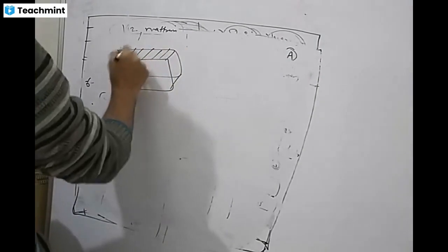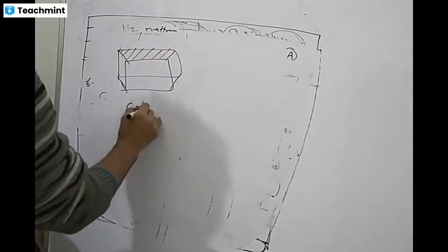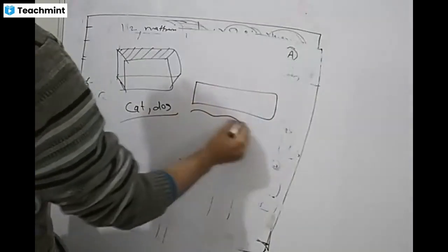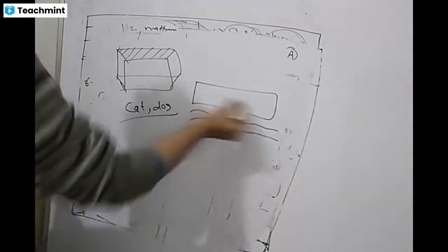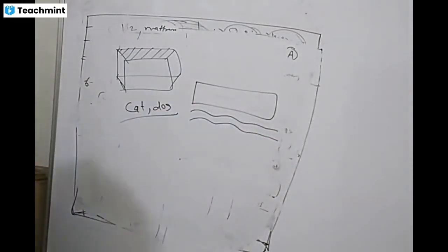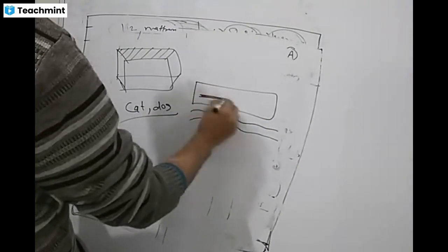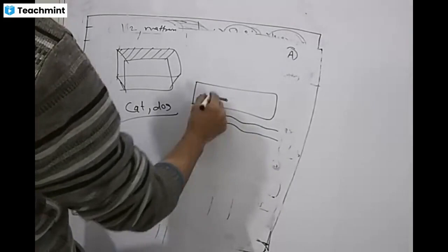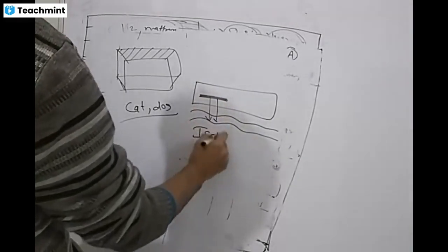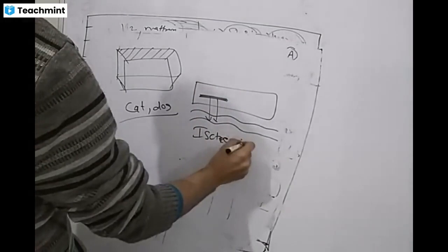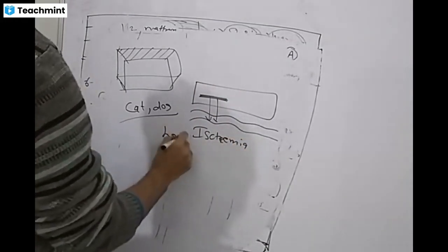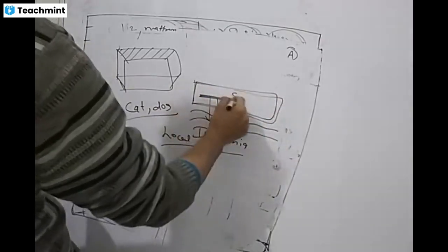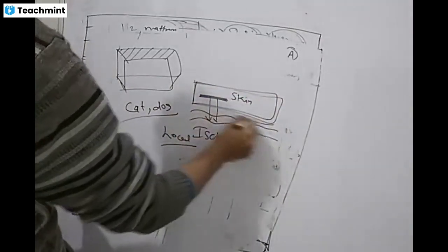In case of canine, cat, dog, the blood vessels run parallel to the skin surface. So if we apply a suture pattern like horizontal, because of the compression, they cause local ischemia.